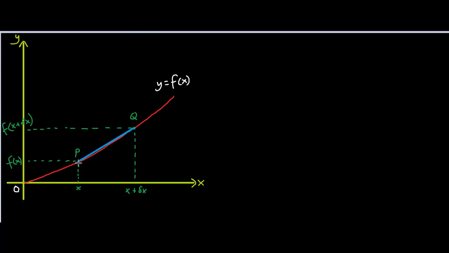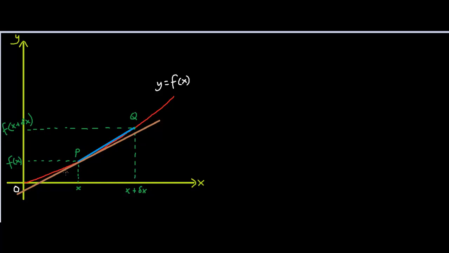Now, this chord has a constant gradient. The slope is constant as it is a straight line. But we're not going to be looking for this gradient. We're going to be looking for the gradient of the tangent at the point P. This is what we want.